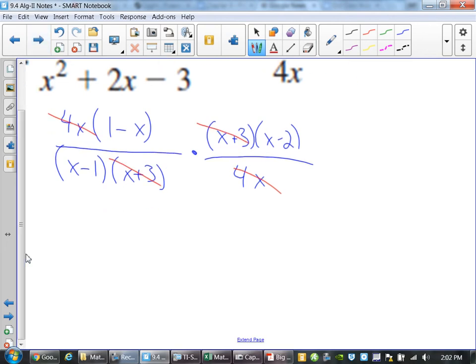Now, see what you're left with. 1 minus x over x minus 1. Sorry, it's in the numerator. And x minus 2. What can you tell me about 1 minus x and x minus 1? Yeah.